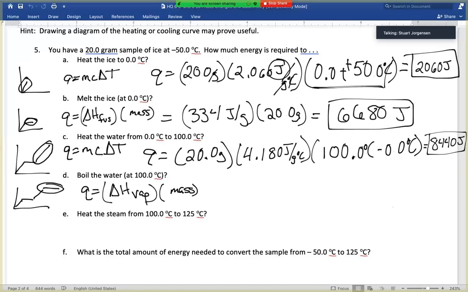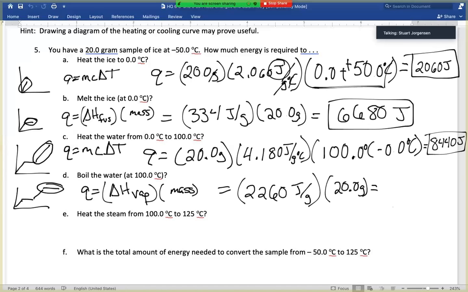Back to our handy constant sheet for delta H of vaporization. For water, we've got 2260. Oh my goodness, that's so much bigger. It's almost like we're going from some attractive forces to no attractive forces. Remember, for a gas, you've got to get all the attractions to break so that all the particles are now floating freely away from each other, times our original 20.0 grams.